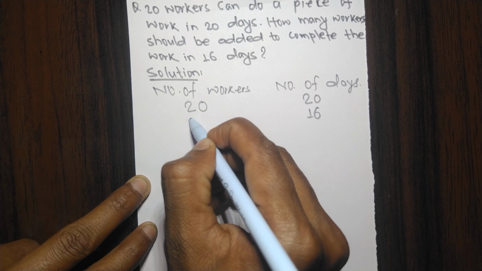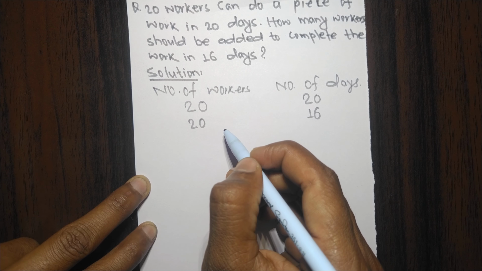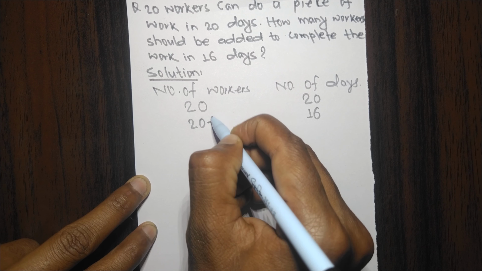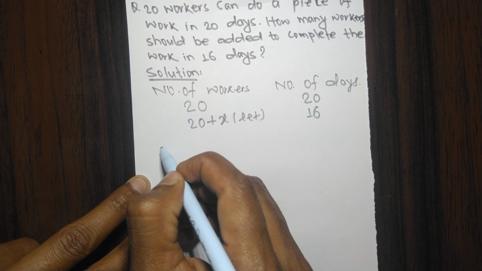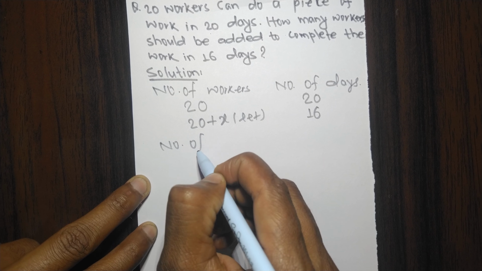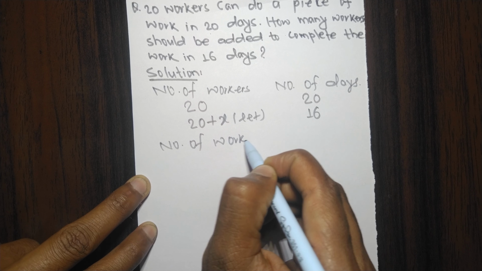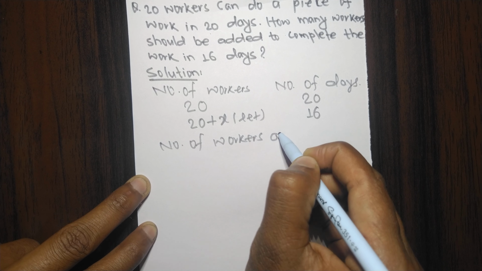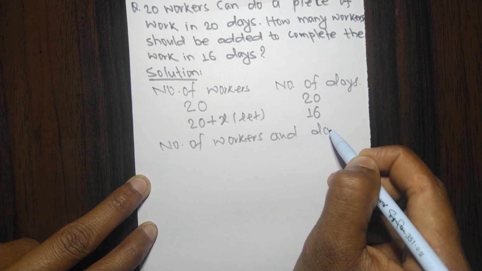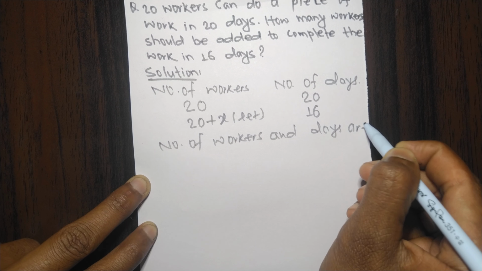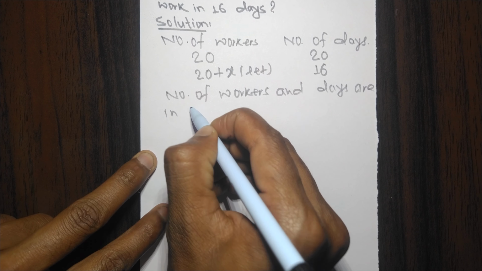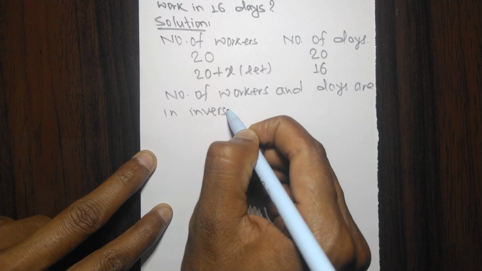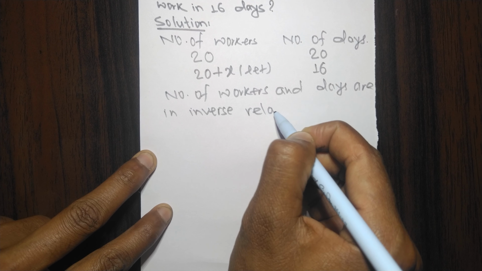So initially we have 20 workers and we suppose added here x. So now number of workers and days are in inverse relation.